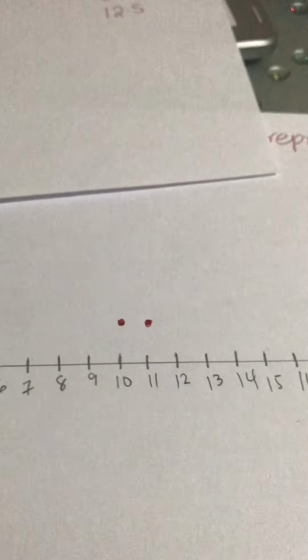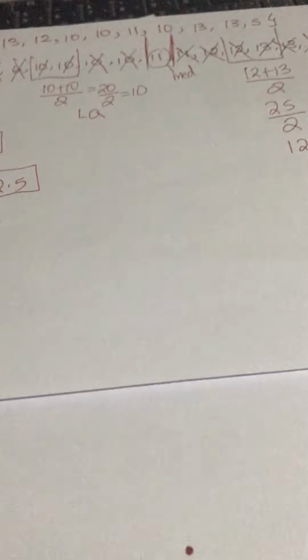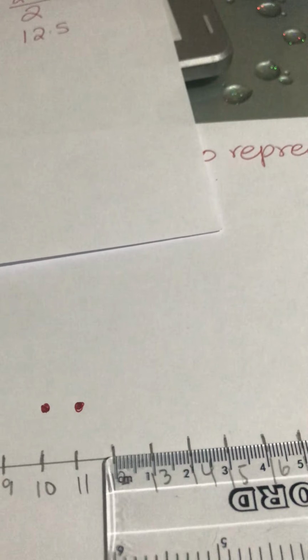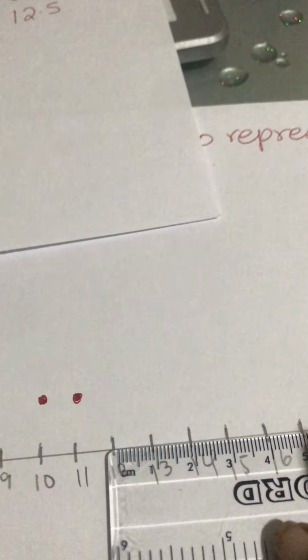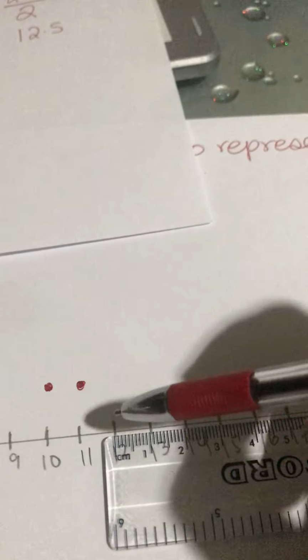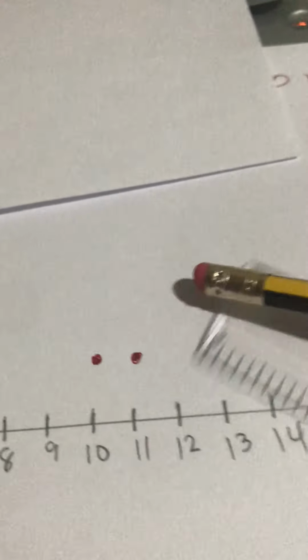Just like that. Then I need to do upper quartile, which is 12.5. So I come on my ruler, I look for 12.5. That is somewhere here in the middle. This is 12, 12.5 is here. So with my ruler, I will draw a vertical line up.